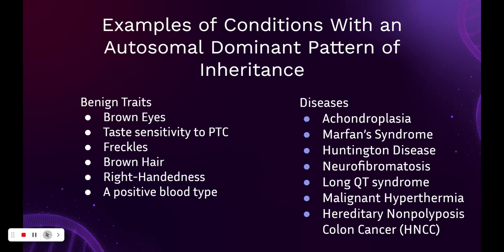But it is inherited in an autosomal dominant pattern, and it's important to get that history before the person receives any type of anesthesia. And then we have hereditary non-polyposis colon cancer, HNCC. It's one of those familial cancers, and again, the trait does not start expressing itself right away. It switches on later in life.